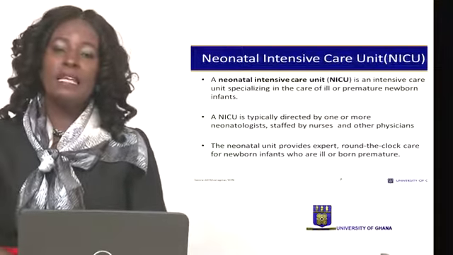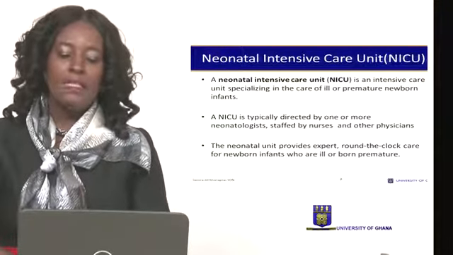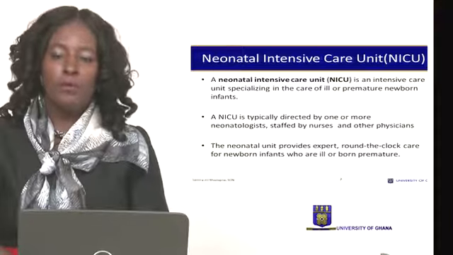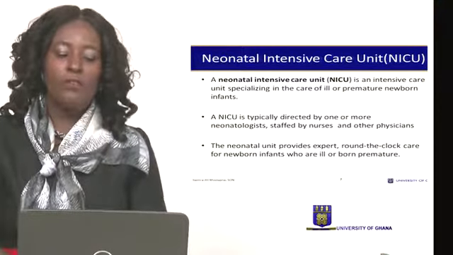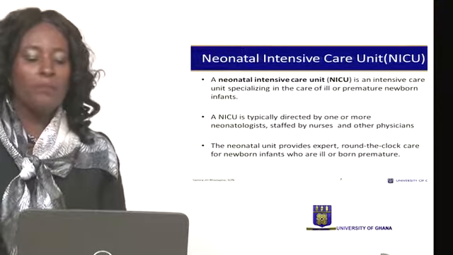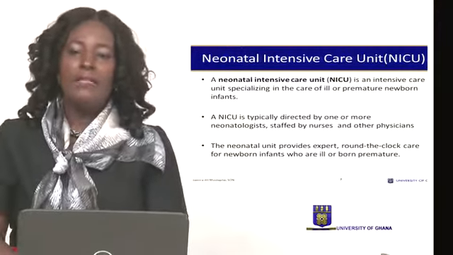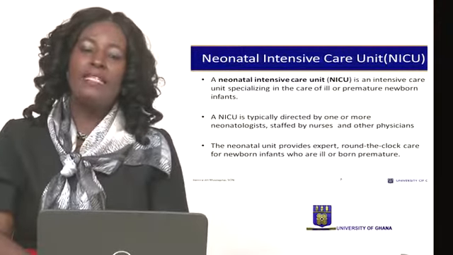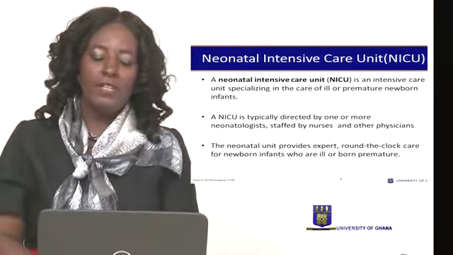So the neonatal intensive care unit is an intensive care unit for the specialized care of the ill newborn or the premature newborn. And this care is given by a team of healthcare professionals.